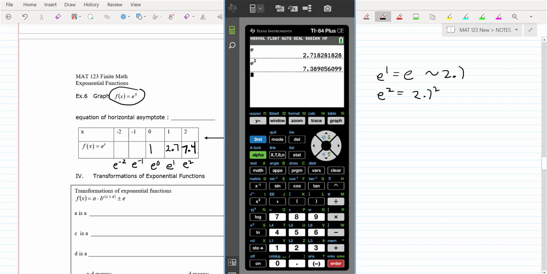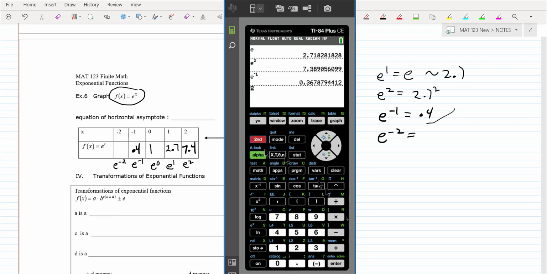Okay. Now I'm going to do e to the negative 1. So I go second division symbol like that, raised to the negative 1. I'm just going to get a decimal on this, and that's going to be about 0.4. Okay, starting to get into smaller and smaller numbers, and I'll do the next one the same way. e to the negative 2, I'm just going to put in my calculator.